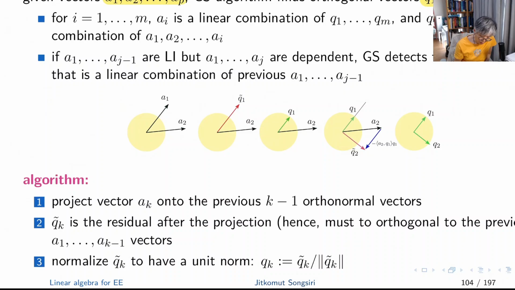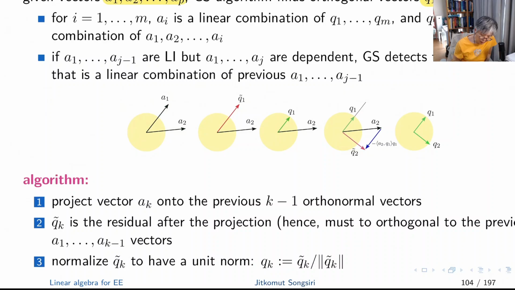Suppose you are given two vectors. The first step is q1 tilde, which is going to be in the same direction as a1, but you normalize it so that it becomes q1, inside the unit norm ball.